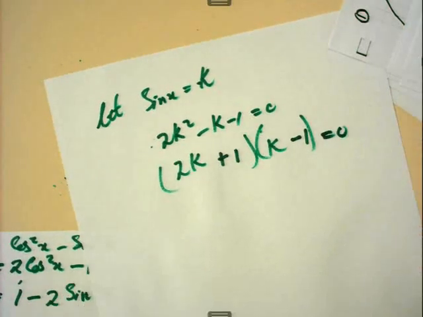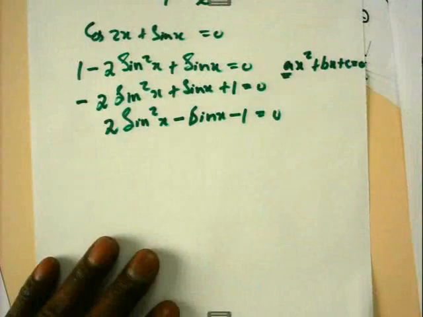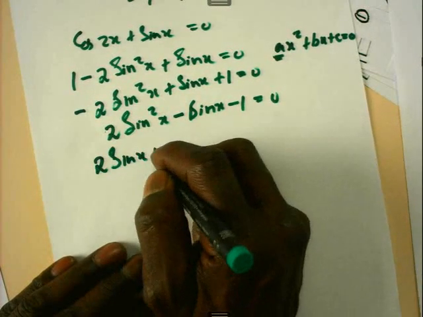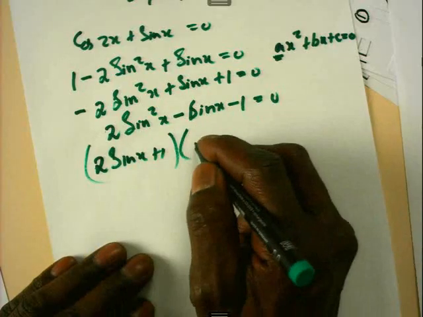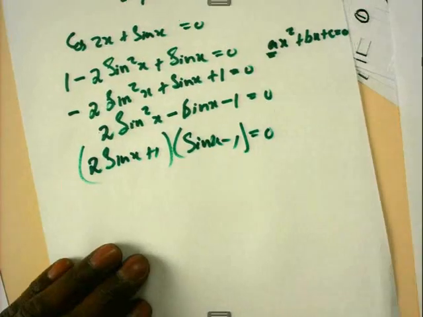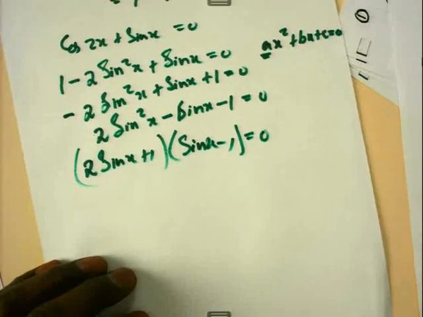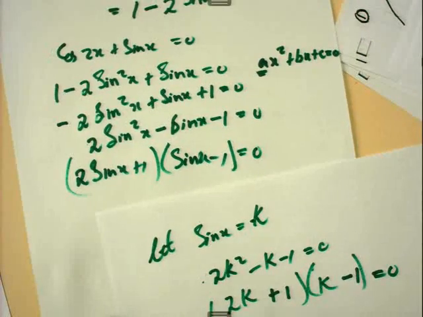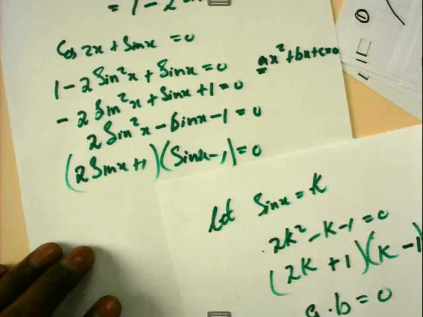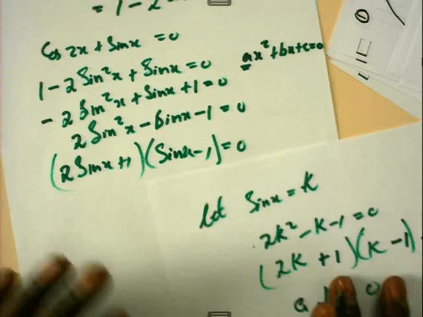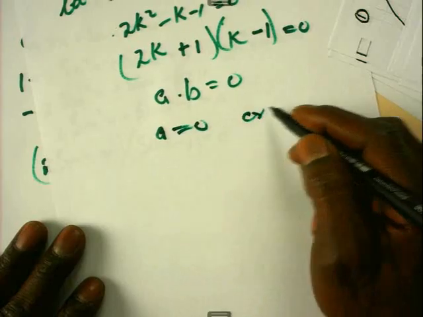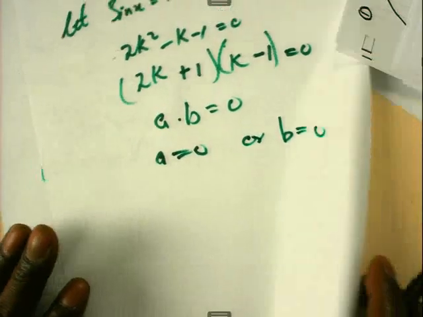So I factorize that, inviting my algebra, so I'll have 2 sine x plus 1 into sine x minus 1 is equal to 0. Then I'm having my format as a times b is equal to 0. Remember, in algebra, for this to be true, either a is equal to 0 or b is equal to 0.